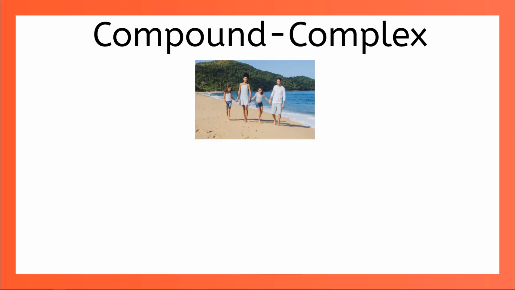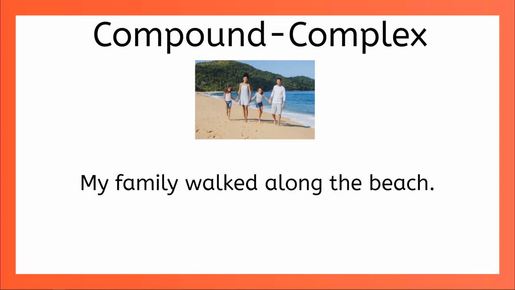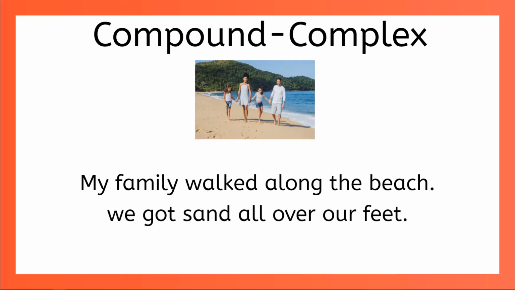Let's start with just one independent clause, like, "My family walked along the beach." We can add another independent clause, like, "We got sand all over our feet," by joining it with a coordinating conjunction. All right, that makes a compound sentence.